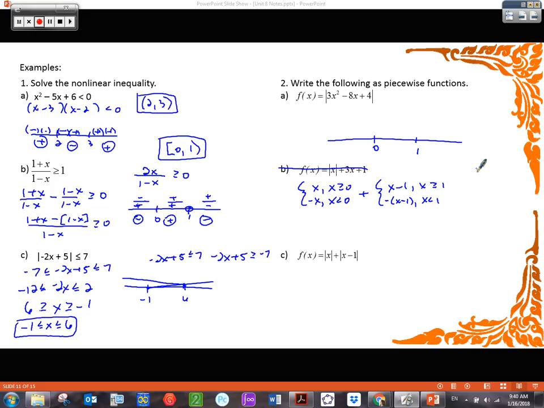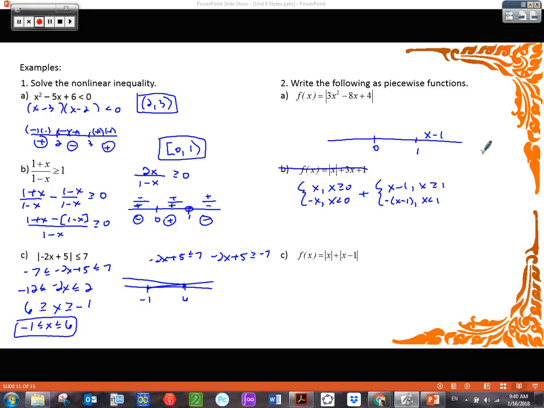So when x is bigger, let's work on this side first. When x is bigger than 1, I look at this piece. Which of the pieces, the top and the bottom, goes when x is bigger than 1? The top piece, right? So I'm going to write it down. Do you have to show this work on your paper? No, I'm showing this to you so that I hope you completely understand what it is we're doing.